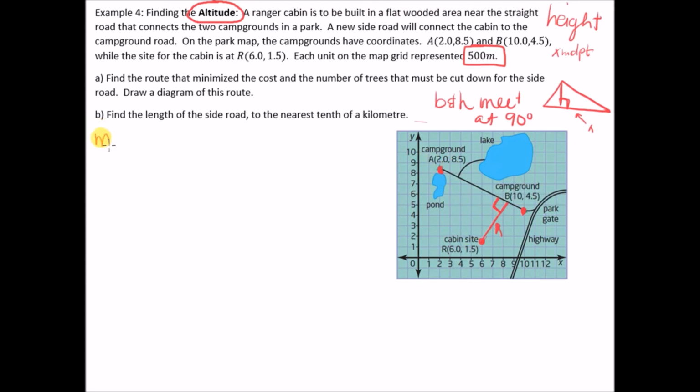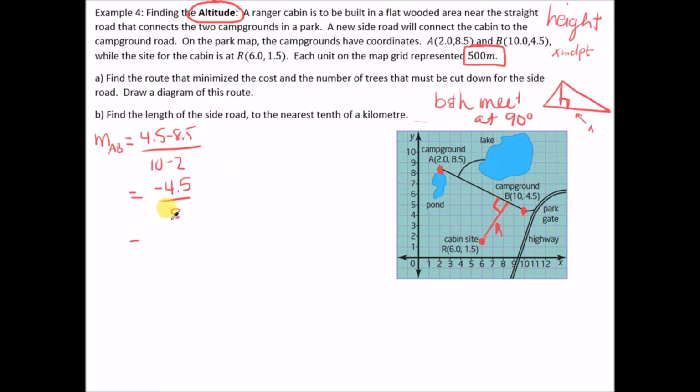So let's actually find the slope of AB. So let's go 4.5 minus 8.5 over 10 minus 2. And what this is going to allow us to do is find a perpendicular slope, which will be the slope of our red line. We get negative 9 over 16.